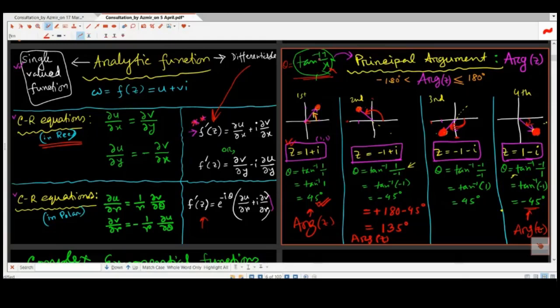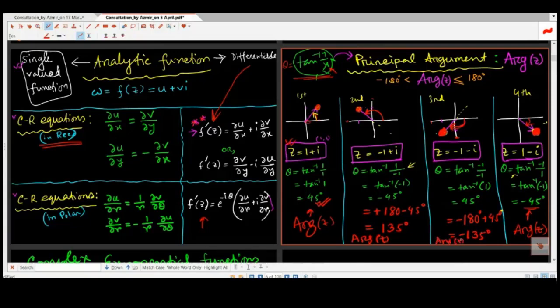But by using this formula, we are getting only 45 degrees. So we have to adjust to get the principal argument. That means this time we should add negative 180 degrees to this result. So it will be negative 135 degrees.